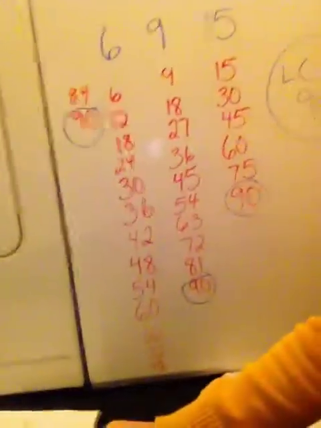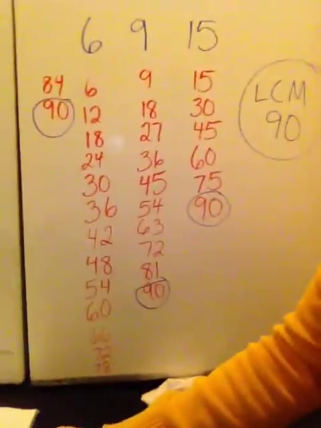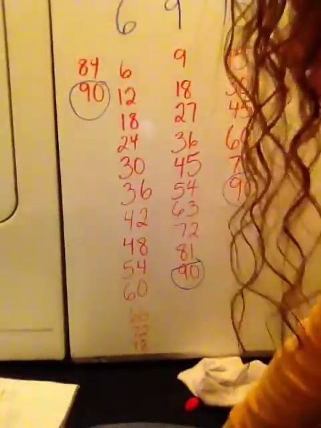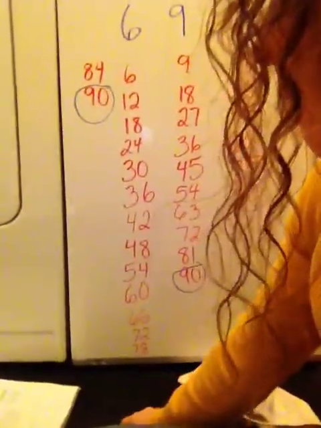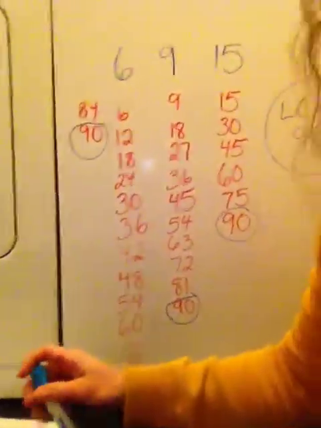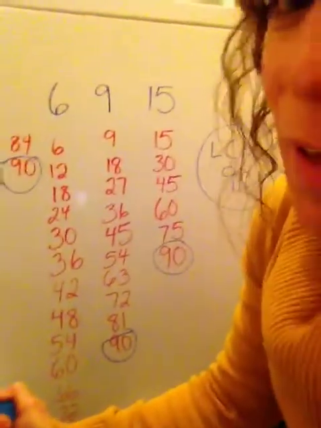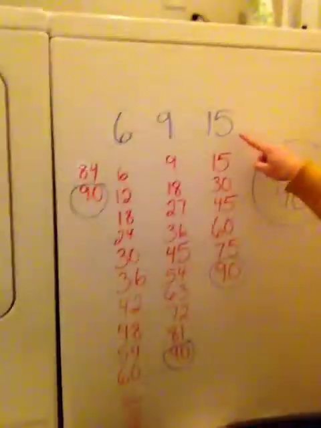That one was a little larger, and so it took a little more time, but you will have some that will take not very long and some that will take a little more time. Okay, the way I usually do it, just to give you maybe a shortcut, is I start with the larger number.